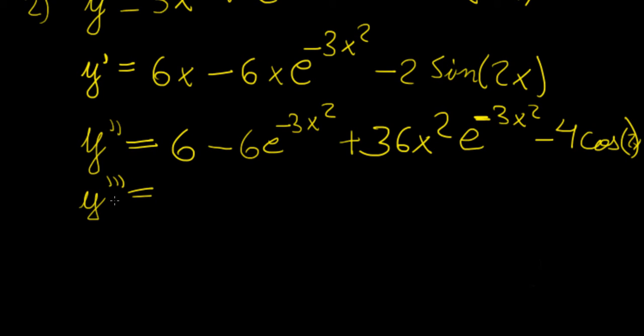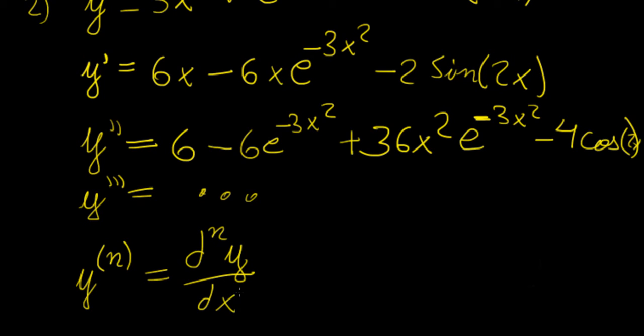In general, we can represent the nth derivative in shorthand notation by using this little power between brackets. This is the same as writing d to the power of n y over dx to the n. So the nth derivative is just going to be this. What this tells us is that we're going to take the original function and differentiate it n times.